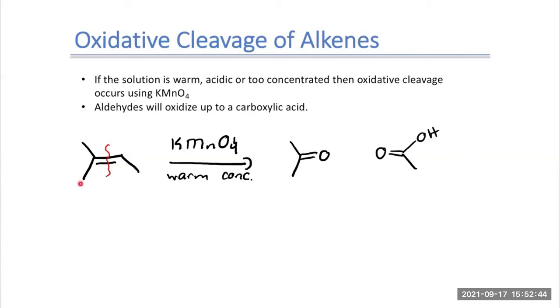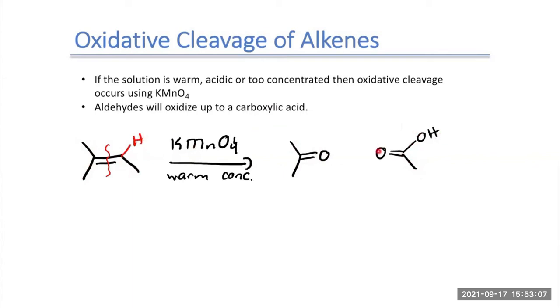So you can see your carbon groups from one side get the carbon groups of another, and the carbon groups here are now here. And anything with a hydrogen, those hydrogens get replaced with alcohol groups.